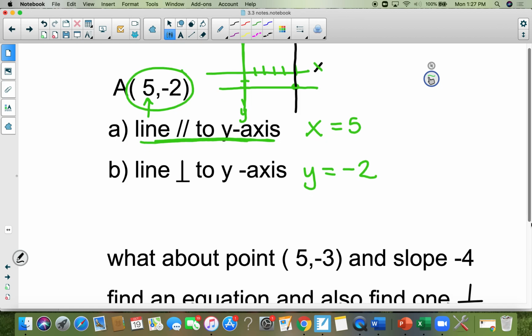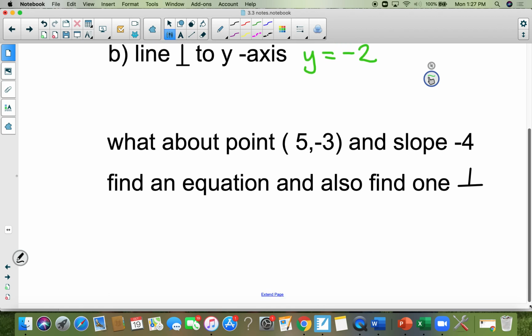Okay, the next part. What about the point 5, -3, and the slope is -4? You're supposed to find an equation perpendicular to that. So before we get into this, y equals 2x plus 3, and y equals 2x minus 4. These two lines are parallel because they have the same slope.